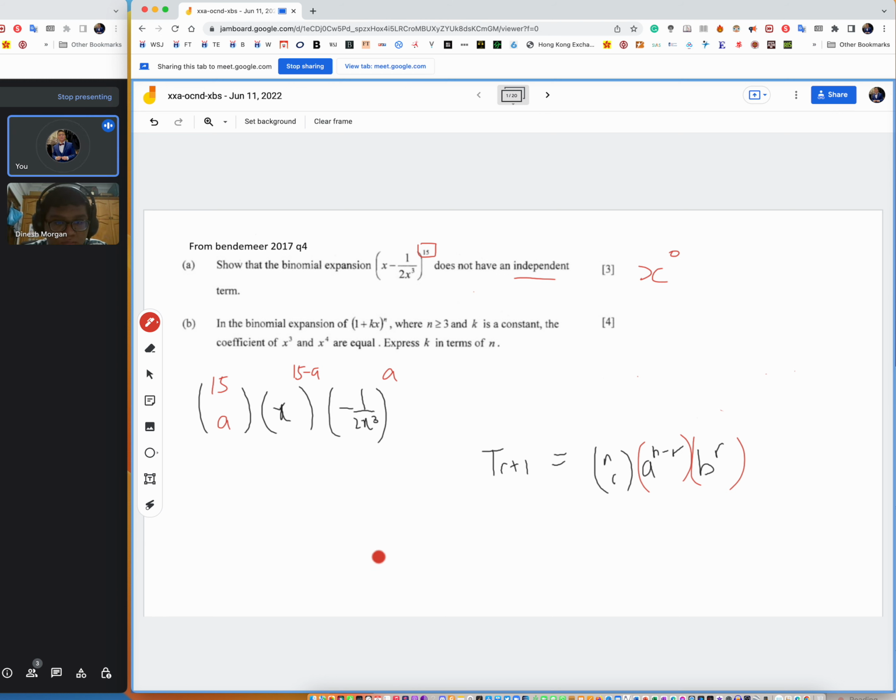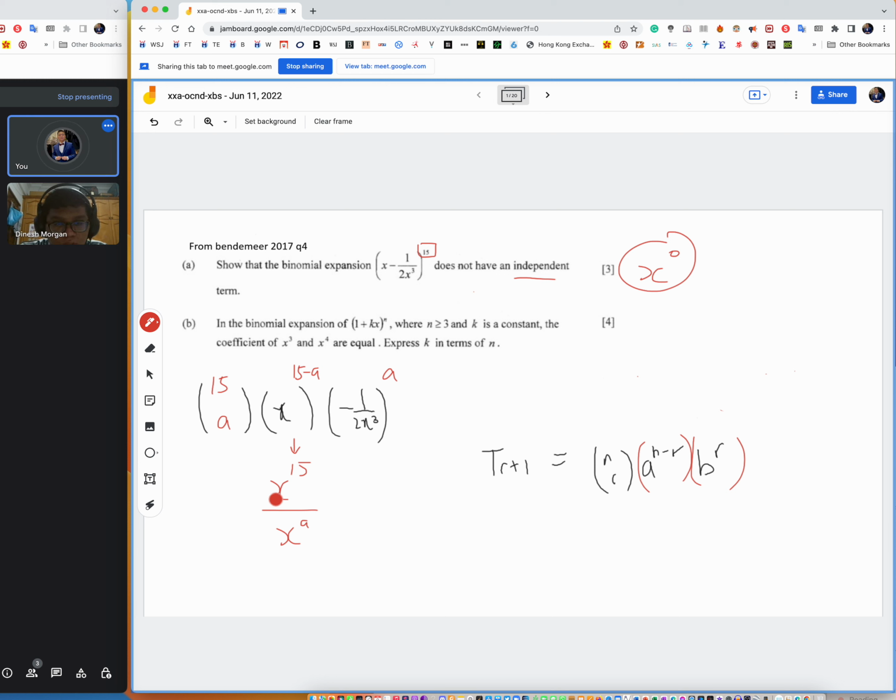Okay, so what you end up with is, we just need to show that we don't have the x to the power of 0 term. So basically we don't need to care about the 15 choose a at the moment. So we need to expand this like x to the power 15 over x to the power a, because it's minus, so x to the power a is below, right?